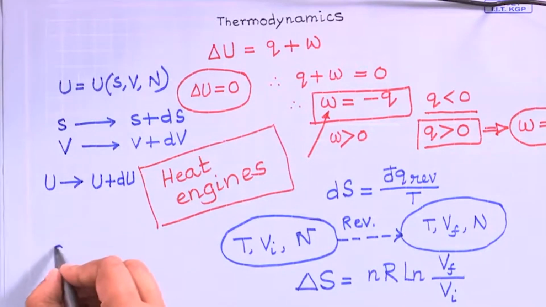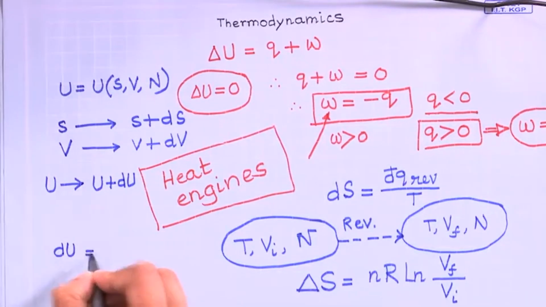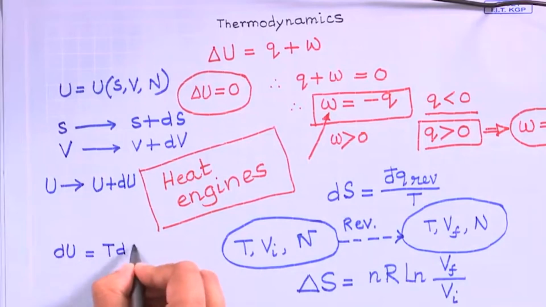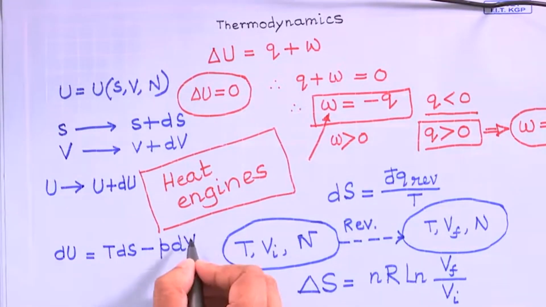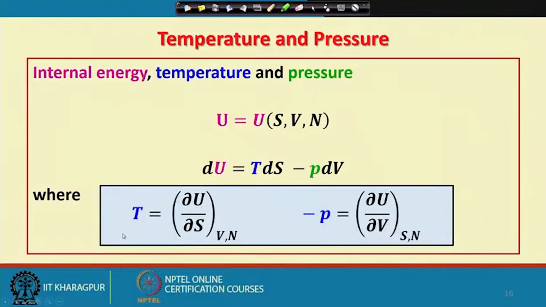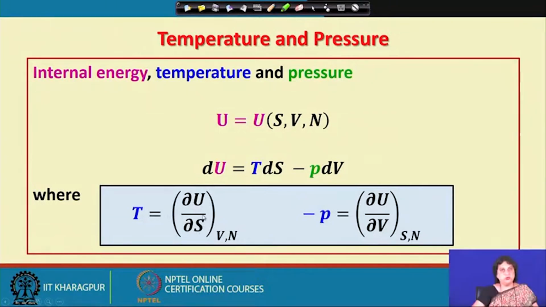Of course, I can predict what dU is. dU is equal to TdS minus PdV, and here temperature T is defined as a derivative of U with respect to S under constancy conditions of V and N, and negative of pressure is nothing but the derivative of U with respect to volume under the condition that entropy and the number of particles remain constant.